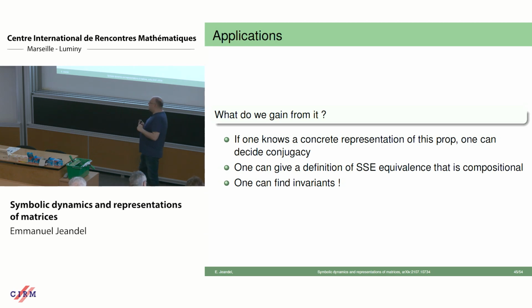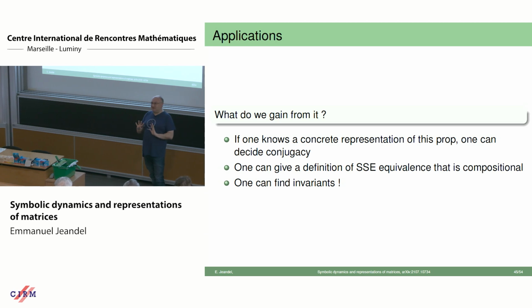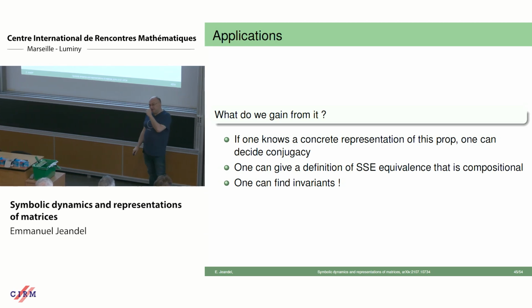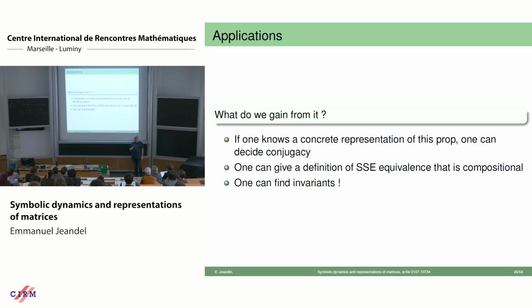Okay, of course. But I don't expect anyone to say it. Let's verify. Okay. The second one is that if we look at what we did, it's possible to obtain a definition of conjugacy which is compositional, which means that you can take small graphs and say something about what happens if you put them together and use conjugacy on the small graphs to prove something about conjugacy on the bigger graphs, which is quite nice.